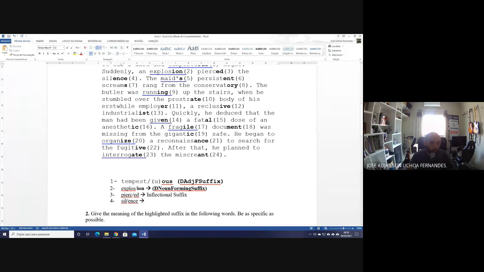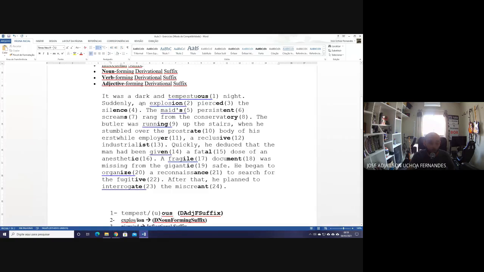Now, silence. We have the root sil. Out of the root sil, you can create silence, silent, which is an adjective, to silence, which is a verb. But in this case, we are not talking about the verb. That's why you need the context. An explosion pierced the silence. An explosion pierced something.